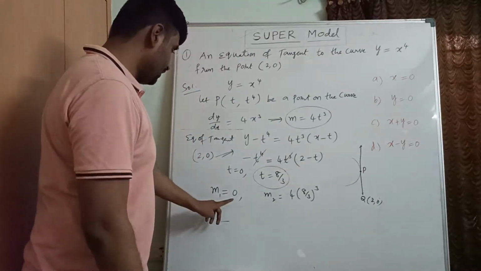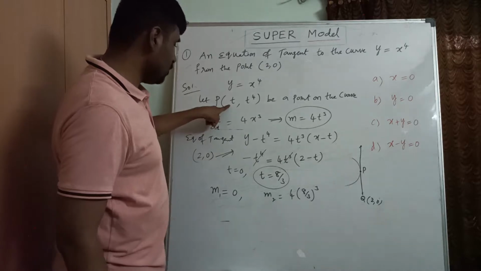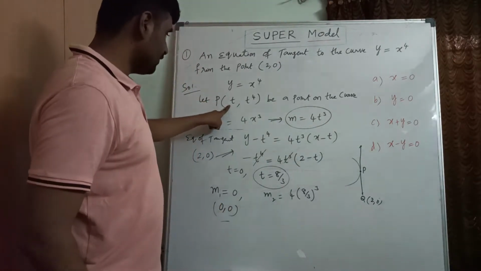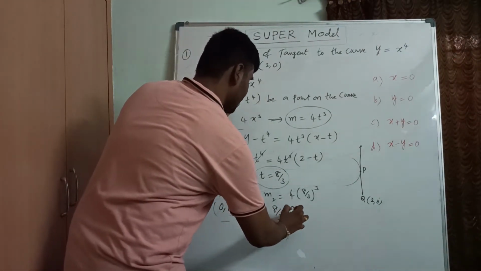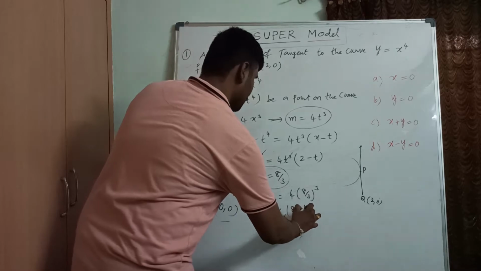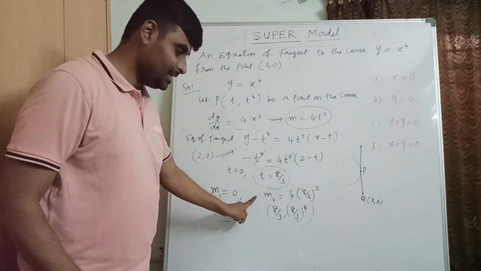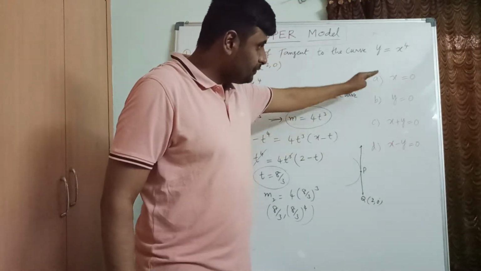Now, whenever t is 0, what is the first point? (0, 0). Whenever t is 8 by 3, the point is (8 by 3, (8 by 3) power 4). That's it, point and slope. But by verifying the options, which of the following is correct?